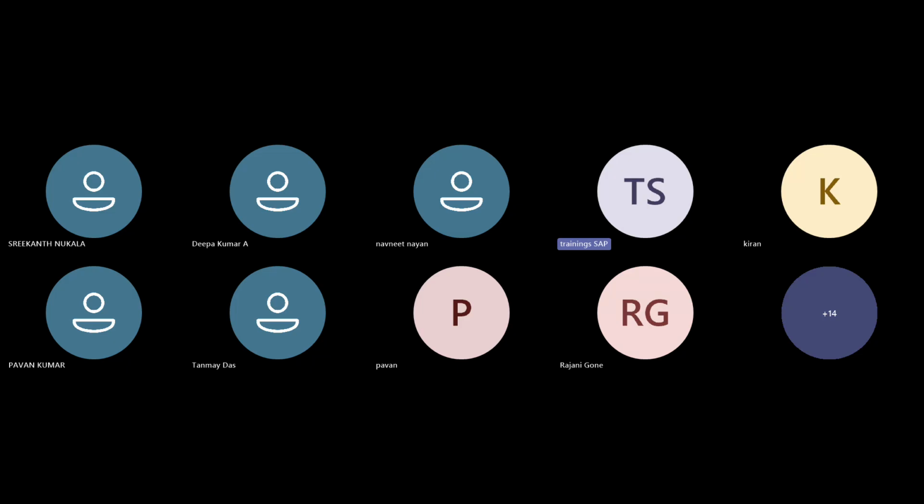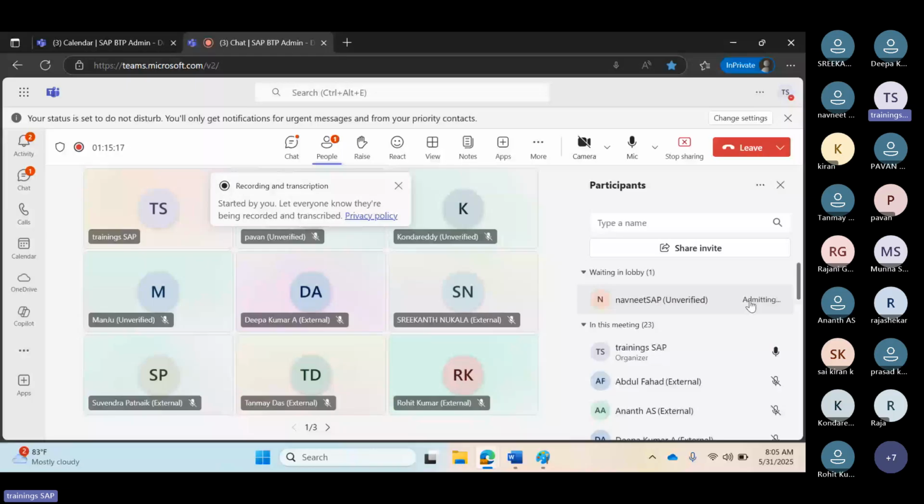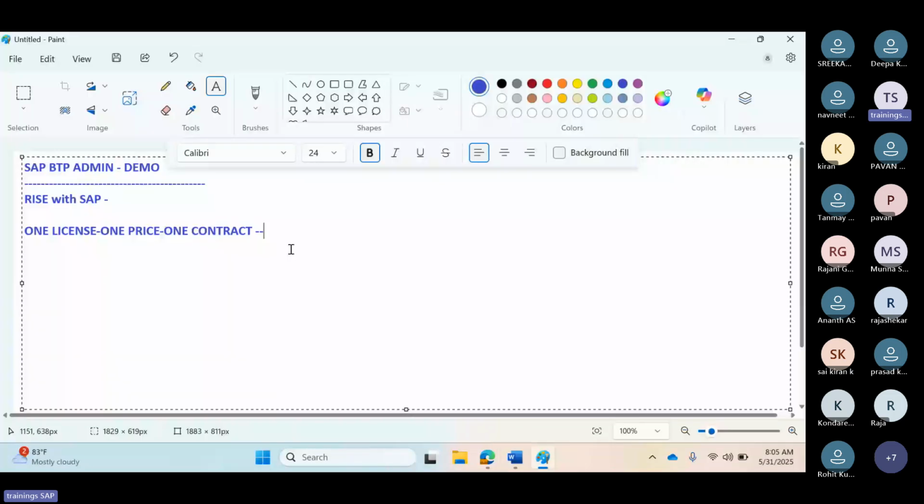So in the previous discussion, we were discussing the BTP administration part. Many of you know what BTP is, right? It's a technology platform, the Business Technology Platform. It's a platform-as-a-service based concept.